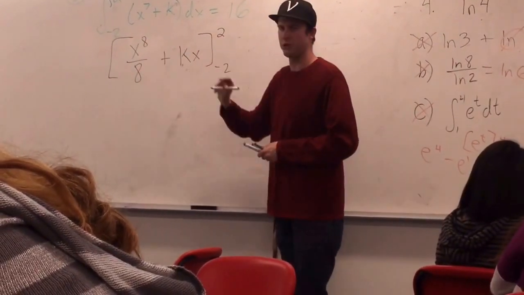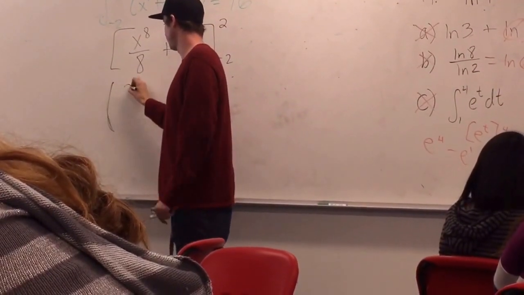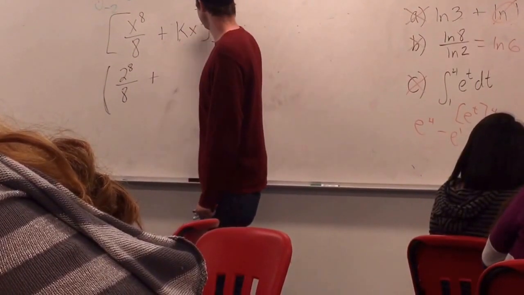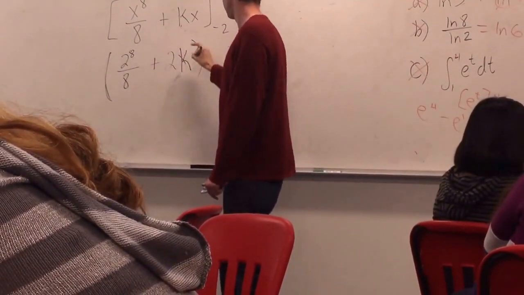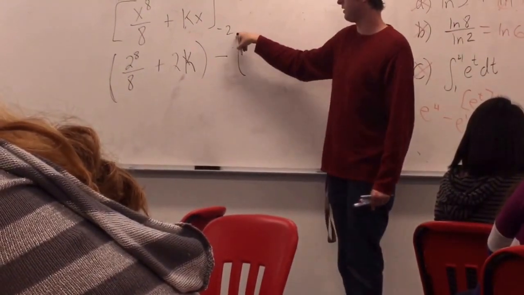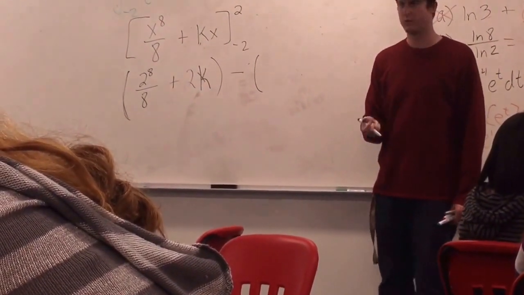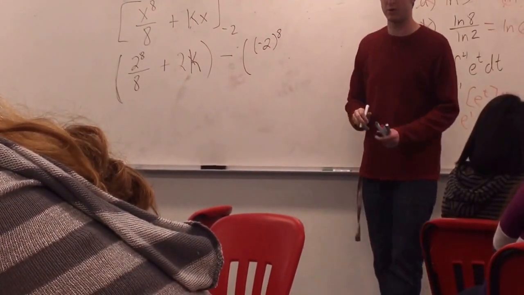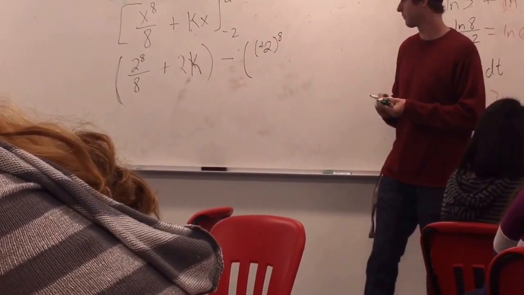Which we plug in 2. I'm not even going to worry about what it is. We get 2 to the 8 divided by 8 plus 2k, because we're plugging it in for x. And then minus, negative 2 to the 8th power is going to turn positive. Even though we have negative 2 to the 8th, since it's a positive power, you can just know that this is going to be a positive number.